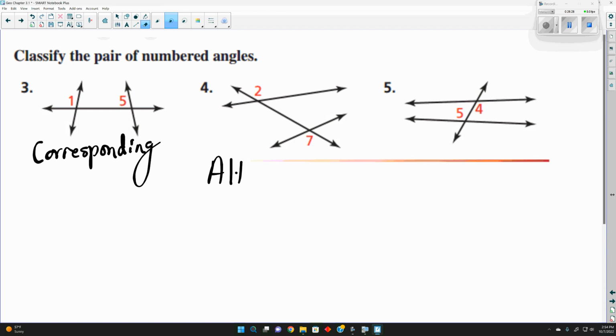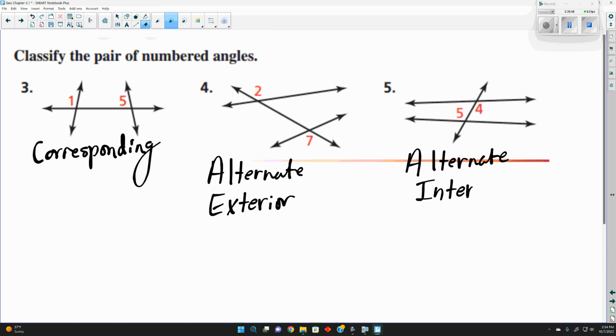Yes. And what about 5 and 4? Yes. That's it. Any other questions on any of this here?